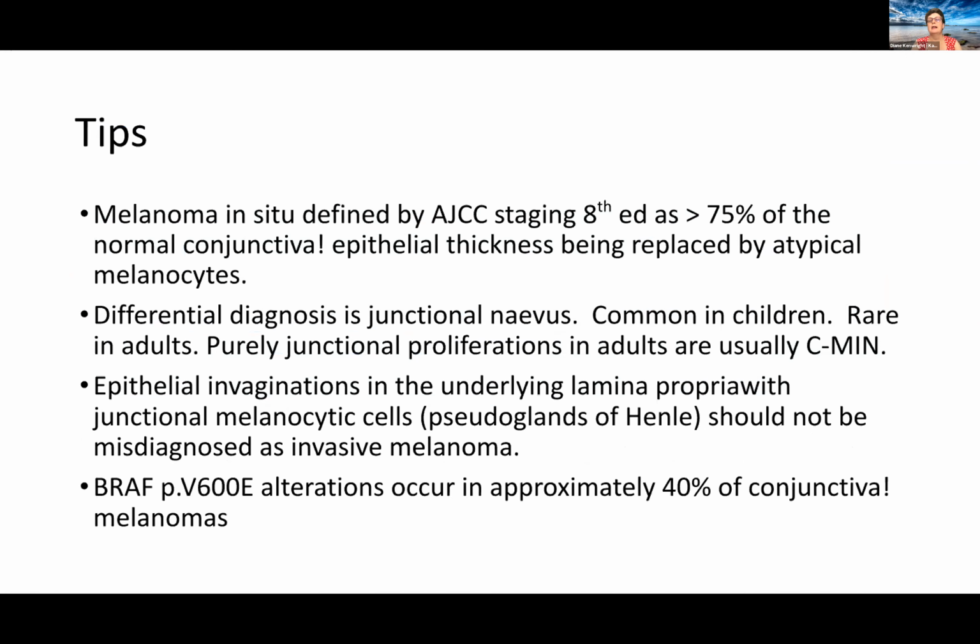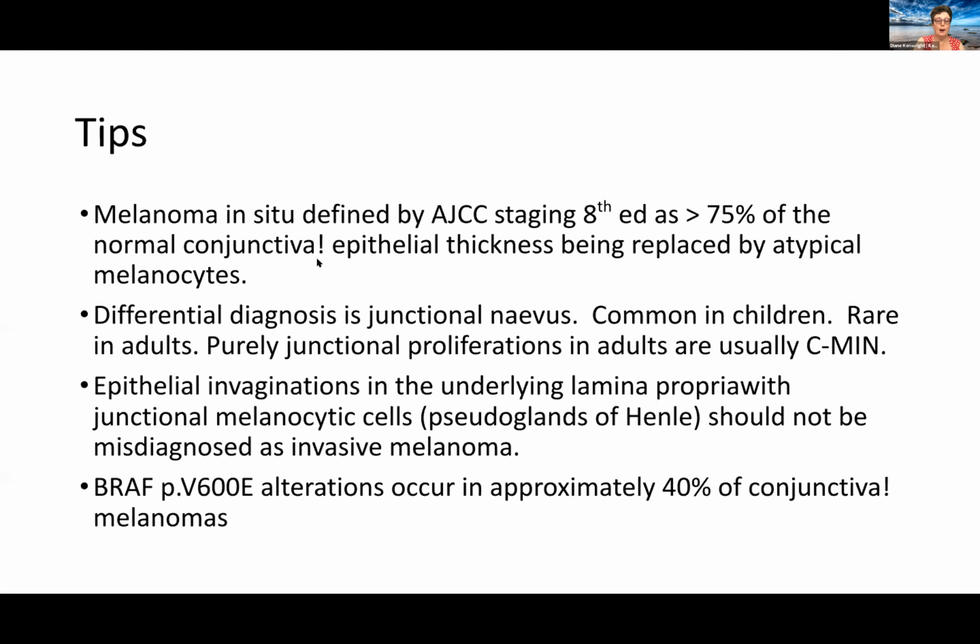So have you all heard of the AJCC staging? Yeah, okay. So AJCC staging says that if 75% of the normal conjunctival, that should be an L, not a conjunctiva, epithelial thickness is being replaced by atypical melanocytes, it is melanoma in situ.